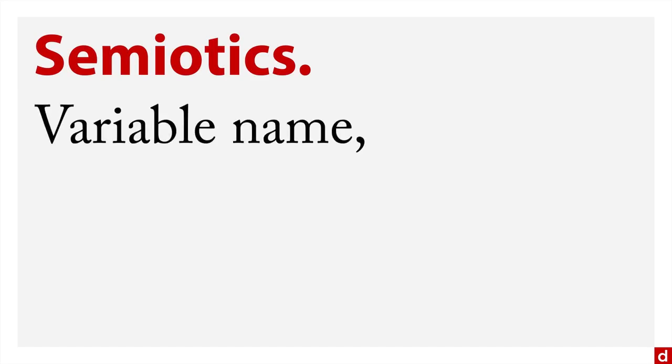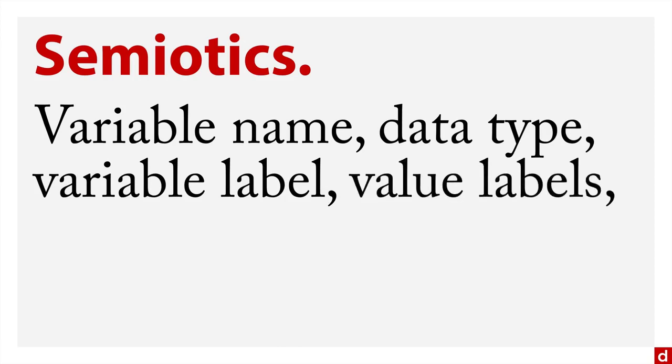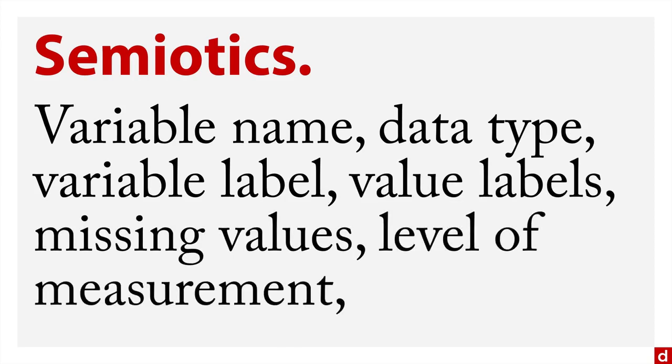And I see two kinds of information that you tell SPSS about your data. The first one I'm going to call semiotics, which comes from the study of meaning. This is where you tell SPSS what the variable names are, the data types, the variable labels, the value labels, the missing values, the level of measurement, and the role that each variable plays.